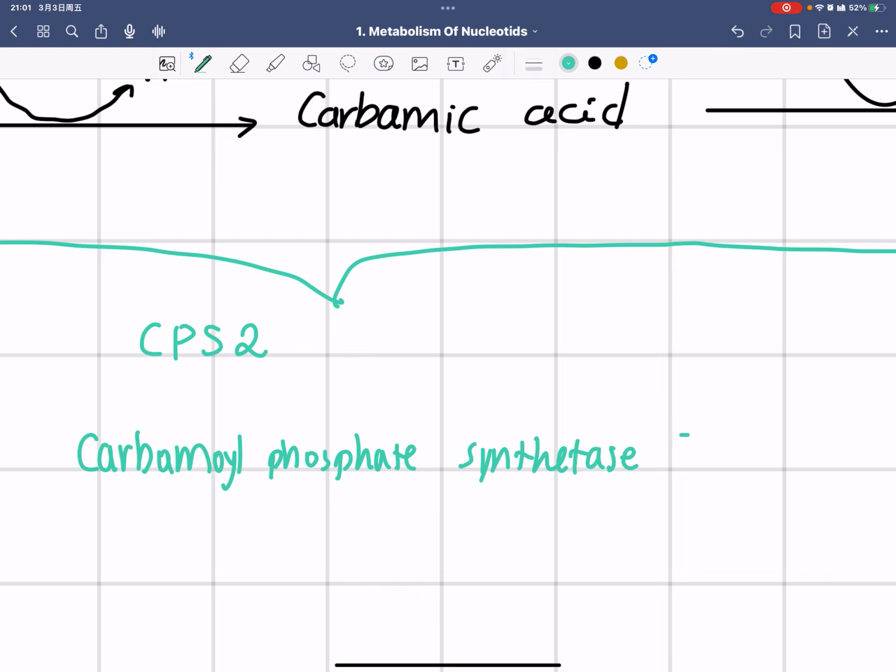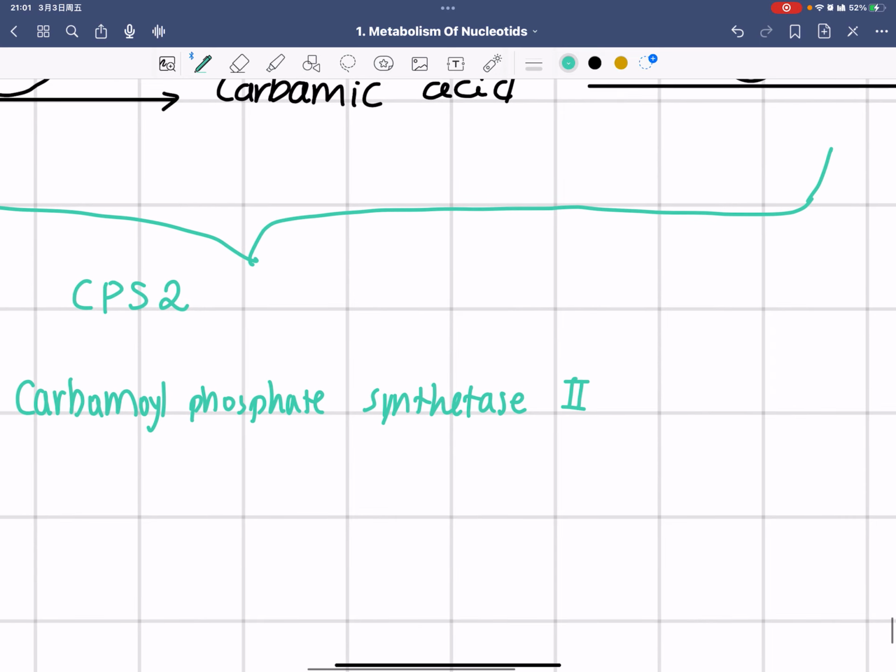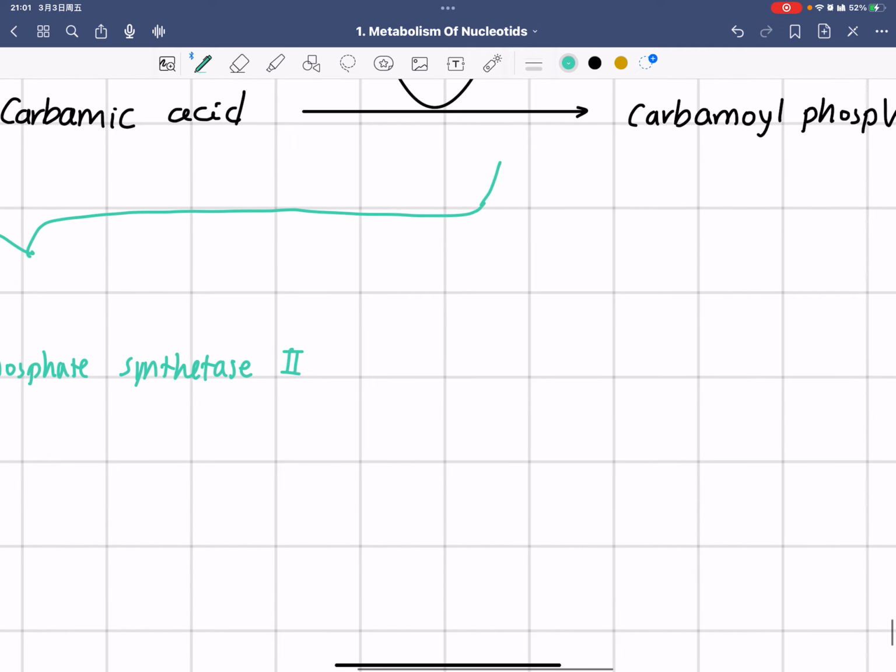It's difficult to say, synthetase. And the structure, I think you can find it in other textbooks, such as Biochemistry from Fenninmann.